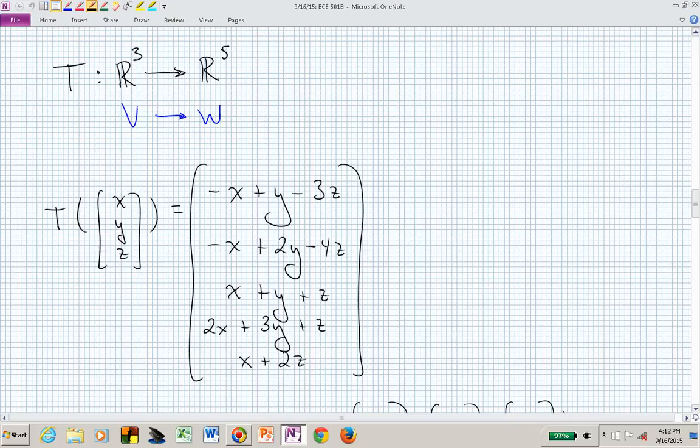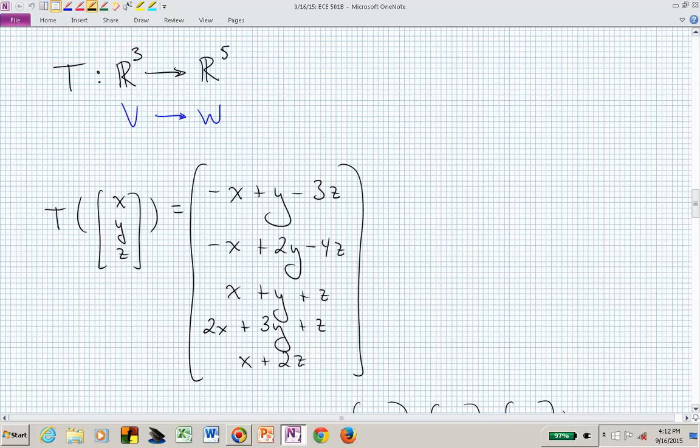We maybe can't see this, but you could maybe see something that's mapping the plane, R2, into 3-dimensional space, R3. Here you have to generalize that concept if we're going from R3 to R5. And this gives the relationship of all 5 coordinates in R5 in terms of the 3 coordinates in R3 in the domain.